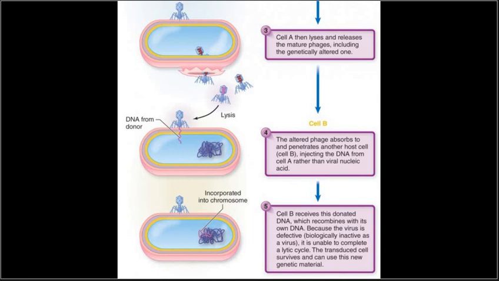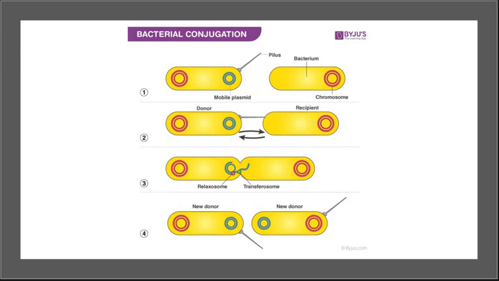Okay. The third technique of DNA change in bacteria is called bacterial conjugation. On the left you can see that you have the normal nucleoid with a chromosome, and you have a plasmid. Now, this bacteria on the left is different from the one on the right. This one doesn't have a plasmid.